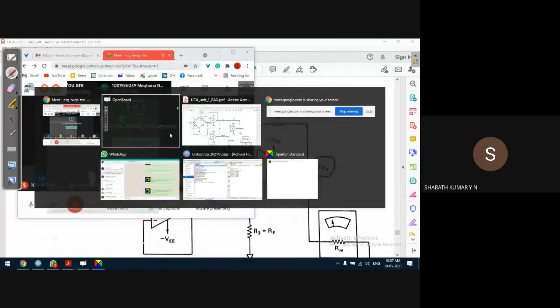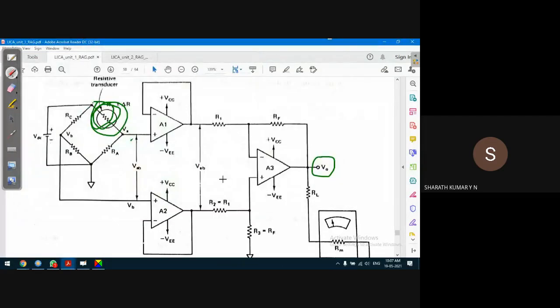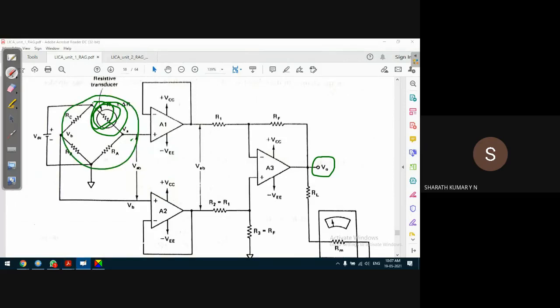So whenever the resistance of the transducer changes, the bridge is unbalanced. This difference in voltage generated by the bridge will be fed to this amplifier A3 using A1 and A2. Last class we saw the application of A1 and A2: they are used as a voltage follower circuit to reduce the loading effect on the transducer.